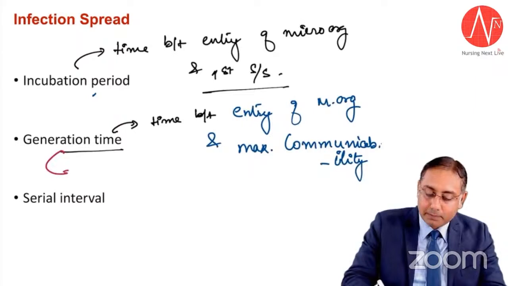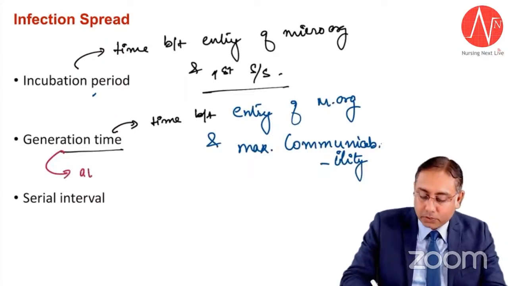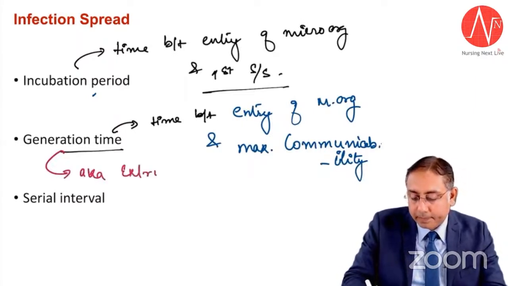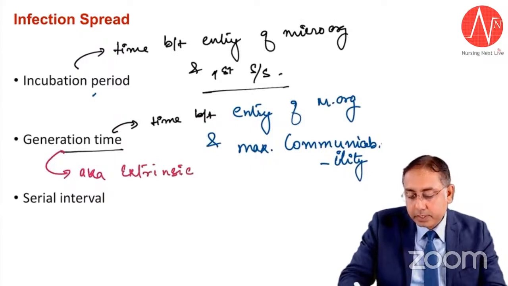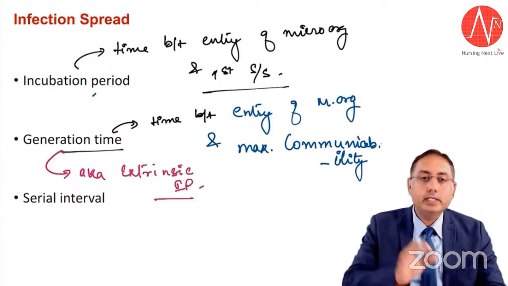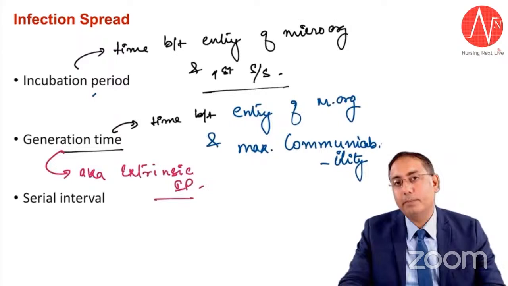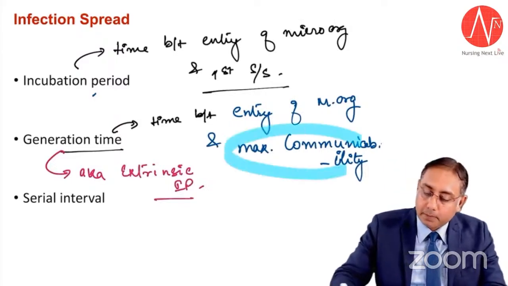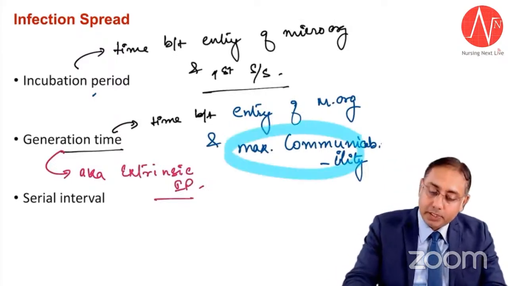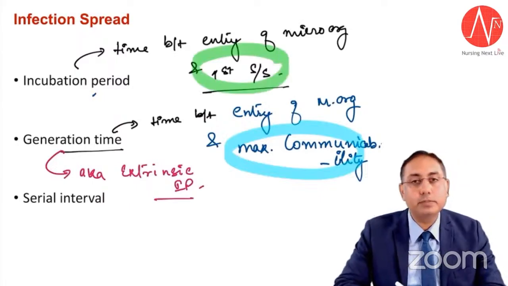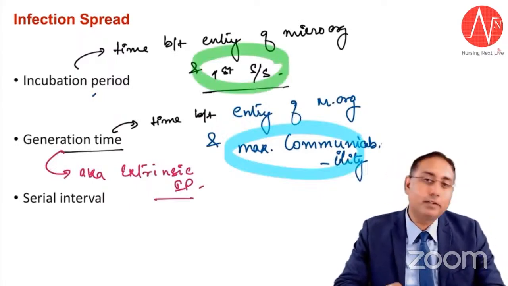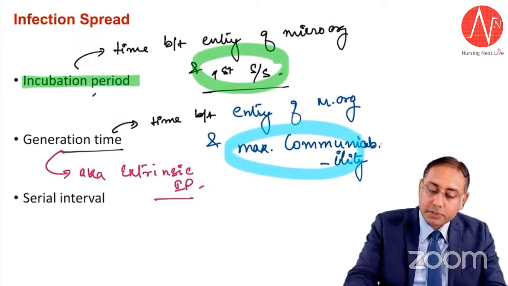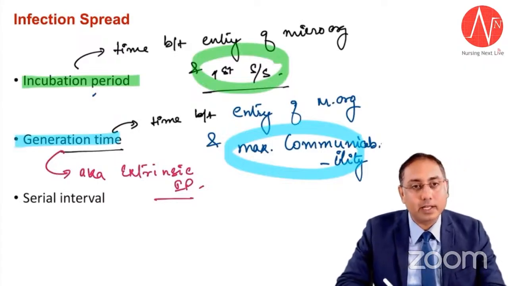Technically speaking, MCQ, generation time is also known as the extrinsic incubation period. It is the time difference between the entry of the microorganism and the maximum communicability, whereas the incubation period is the time difference between the entry of the microorganism and the first sign and symptom.